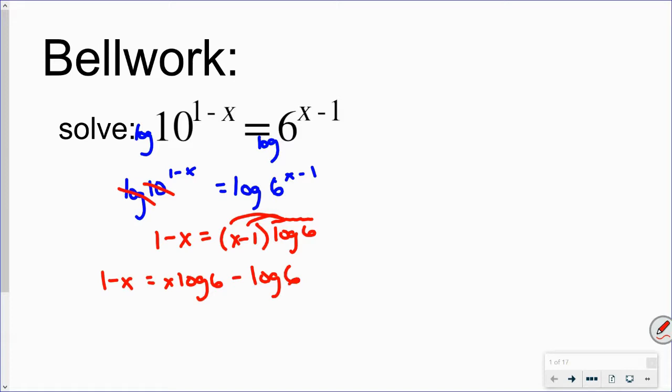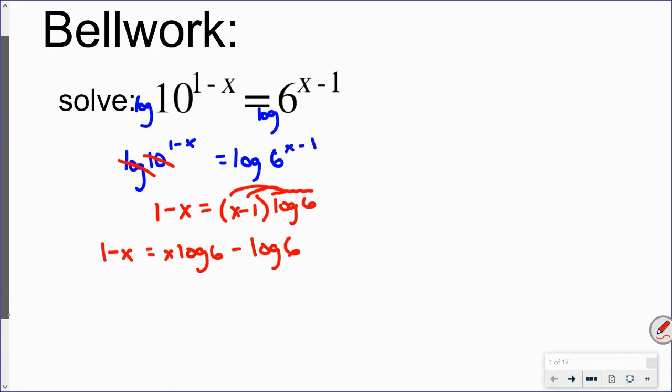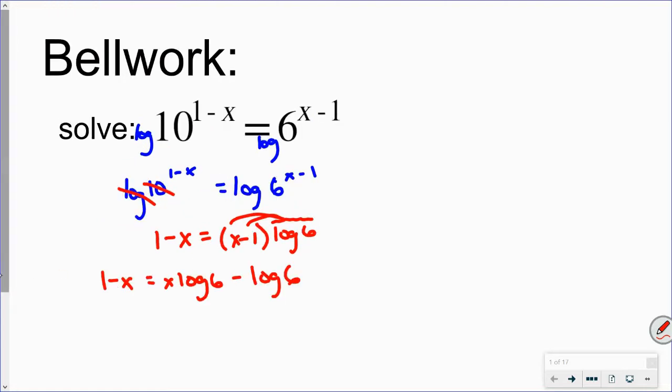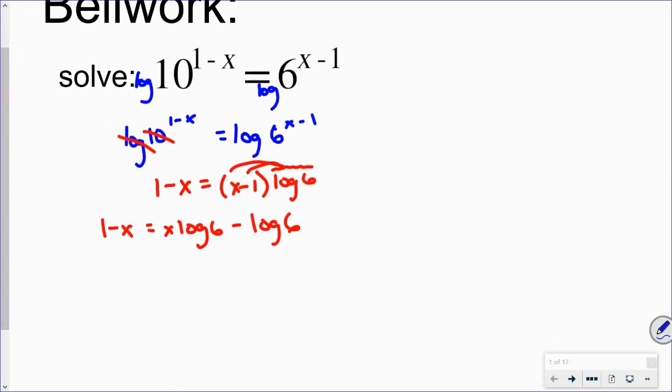Now I have multiple x's, so we need to get our x's on one side, and we can put the numbers on the other side. So I'm going to add x to this side, and I'm going to add log 6 to this side. So these cancel here, and your log 6's cancel there.